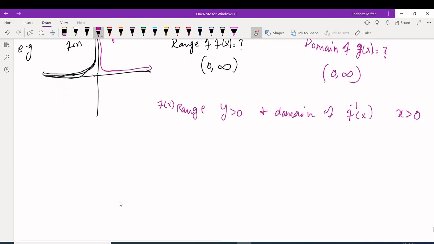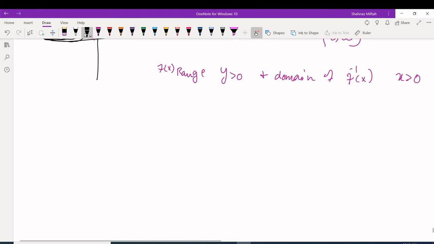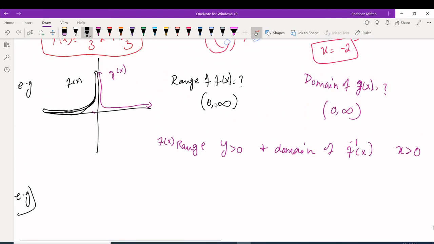Now we have another graph example. Guys, please make sure that you understand this. I was doing it right, but I thought I was confusing myself with the switching, but it's already switching. If this is range, then that's domain.